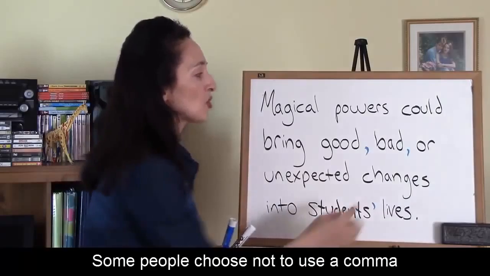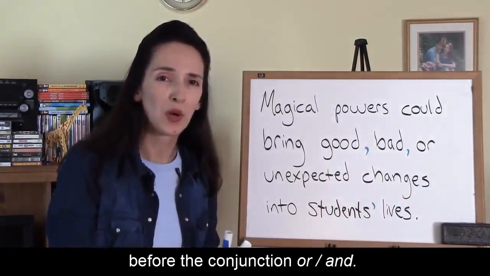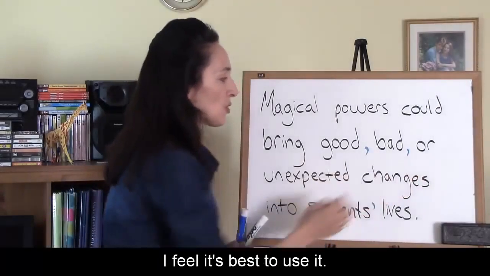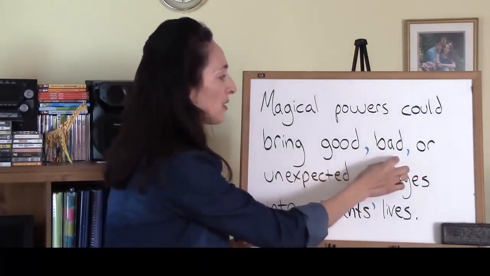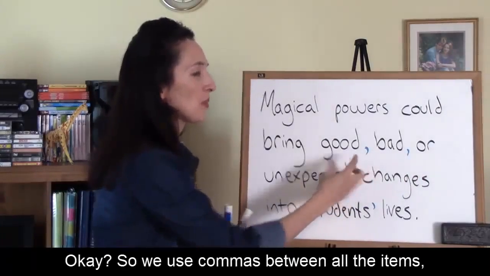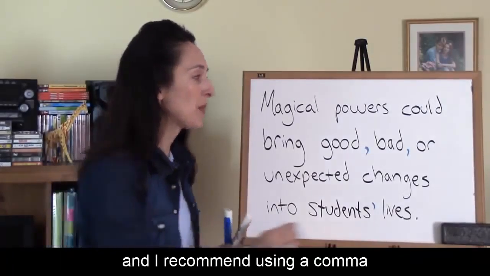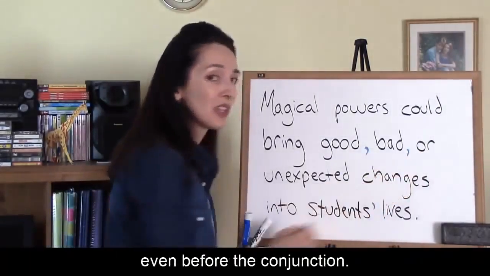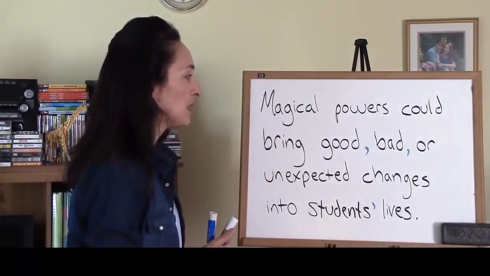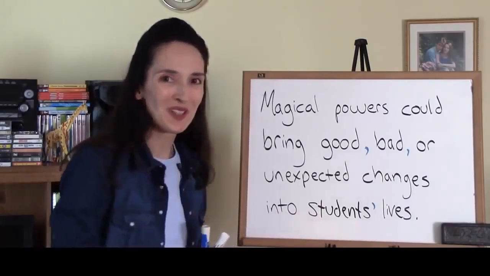Now, some people choose not to use a comma before the conjunction or and. I feel it's best to use it. Good, bad, or unexpected. Okay, so we use commas between all the items, and I recommend using a comma even before the conjunction. Magical powers could bring good, bad, or unexpected changes into students' lives.